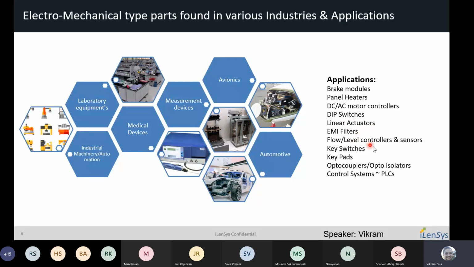The flow level controllers and sensors are the ones you can typically find in sensitive applications and precision instruments, in medical or industrial environments. Key switches, keypads, optocouplers, opto-isolators, and then control systems like PLCs. They are widely present and used across several applications and various product lines.